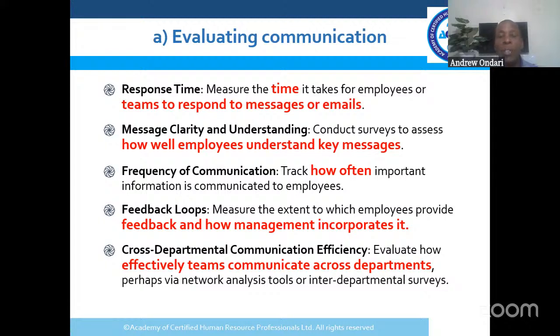We communicate a lot of messages related to performance appraisal, or rewards, or compensation, or disciplinary matters, or training. This communication should be made available to all departments depending on the need.